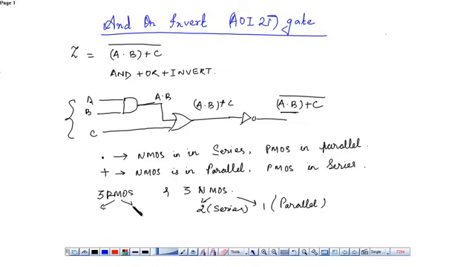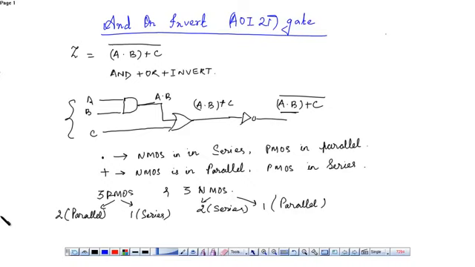For the PMOS, we have 2 in parallel and 1 in series.